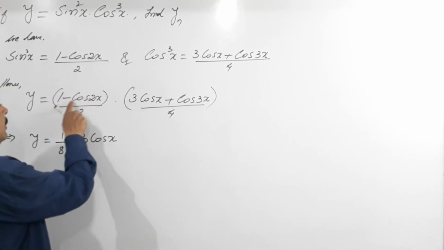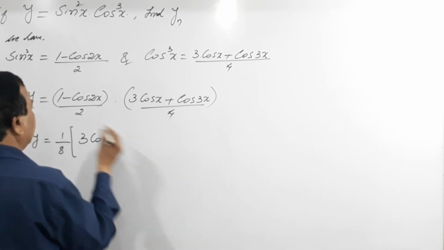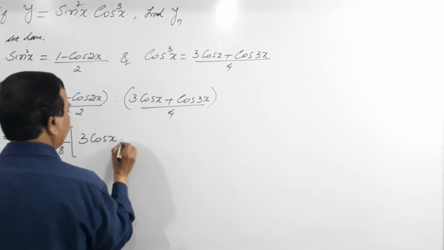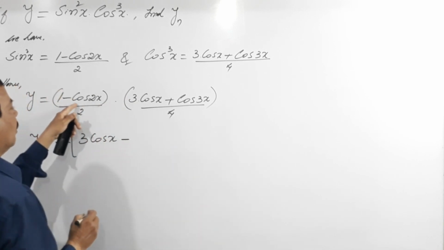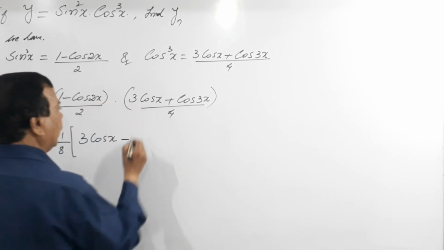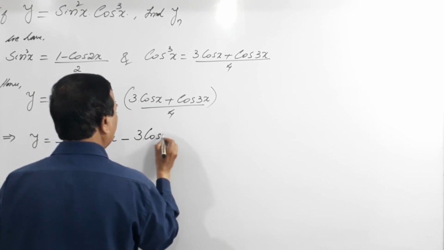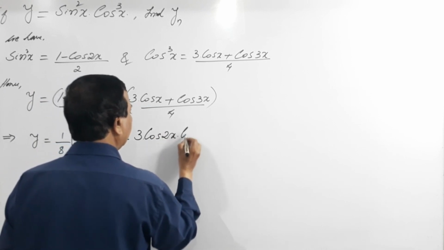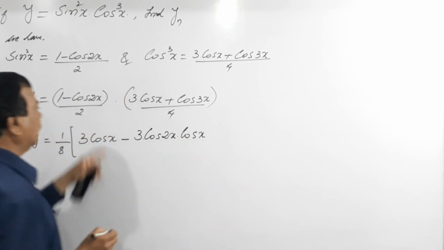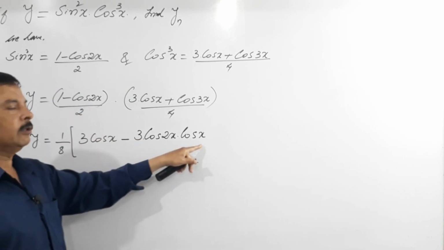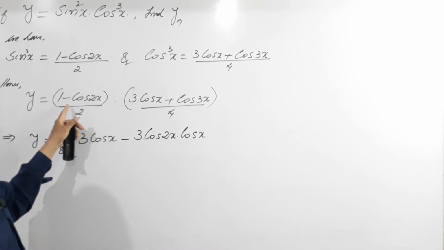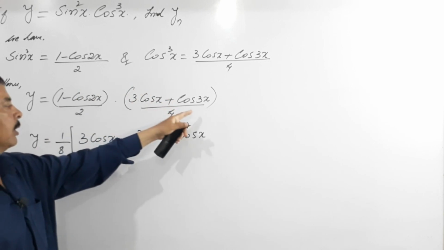Now I'll multiply this with this. What happens here? This becomes minus. So cos 2x into 3 cos x. First I'll write 3, then cos 2x into cos x. I'll take the higher value first: cos 2x into cos x. Then again I'll multiply this with this.